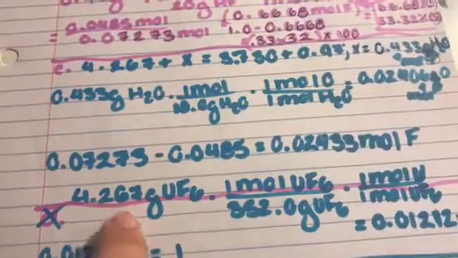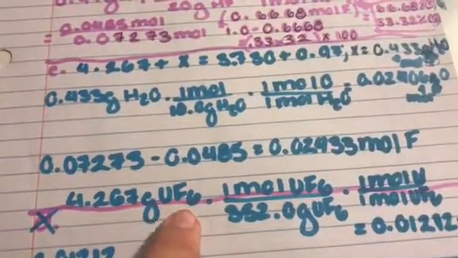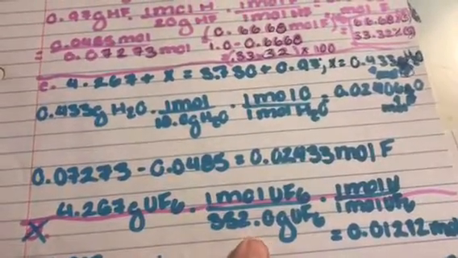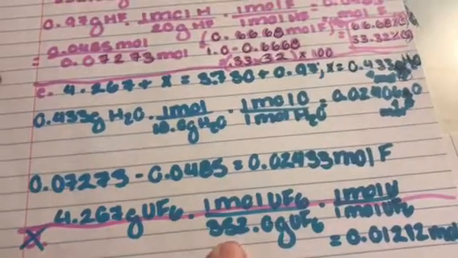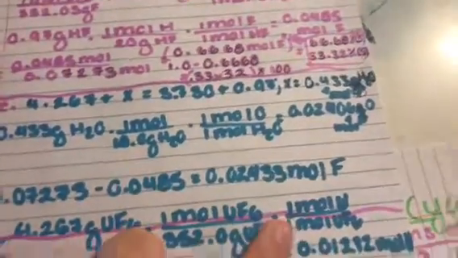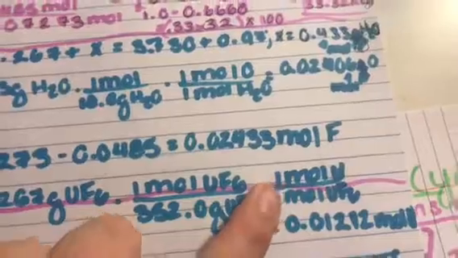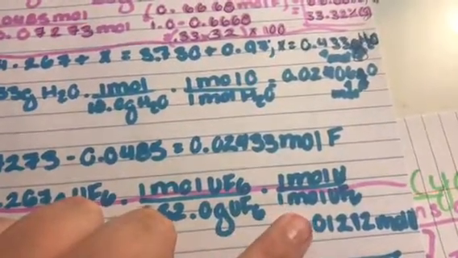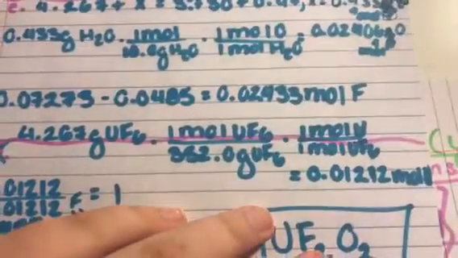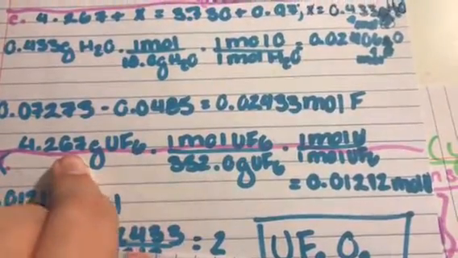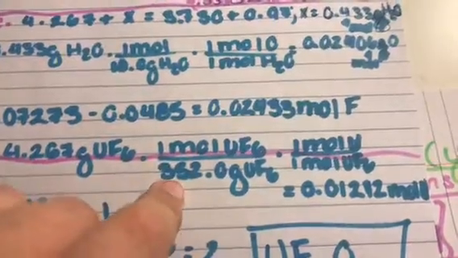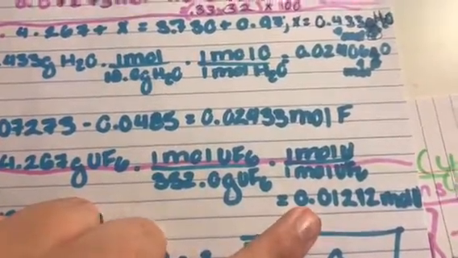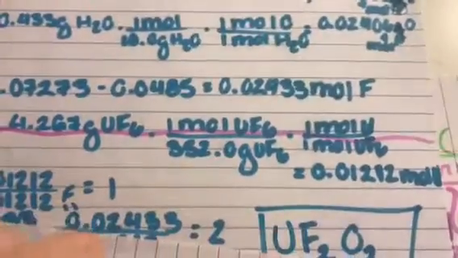So 4.267 grams of uranium fluoride, that's just our given again, divided by the molar mass of uranium fluoride, 352, and then to a molar ratio, 1 mole of uranium is equal to 1 mole of uranium fluoride. That's just how the coefficients were set up. So 4.267 divided by 352 grams is equal to 0.01212 moles of uranium.